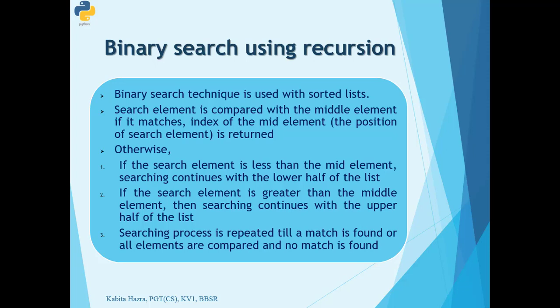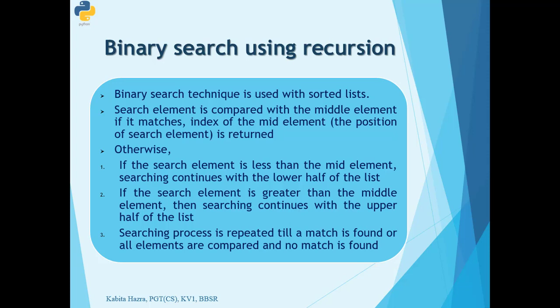If it is greater than the mid element, then the search continues with the upper half of the list. This way, the search continues till the entire list is reduced to a list with a single element and a match is found. Otherwise, no match is found.